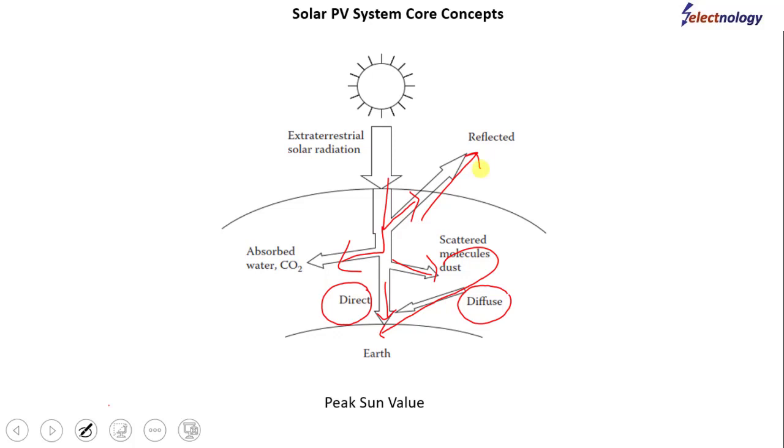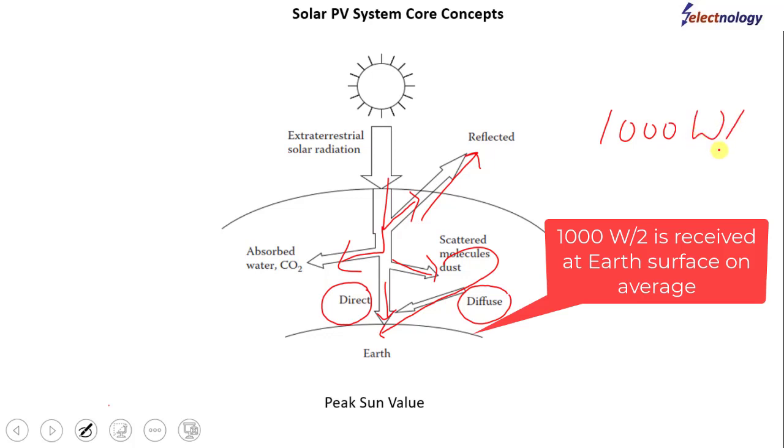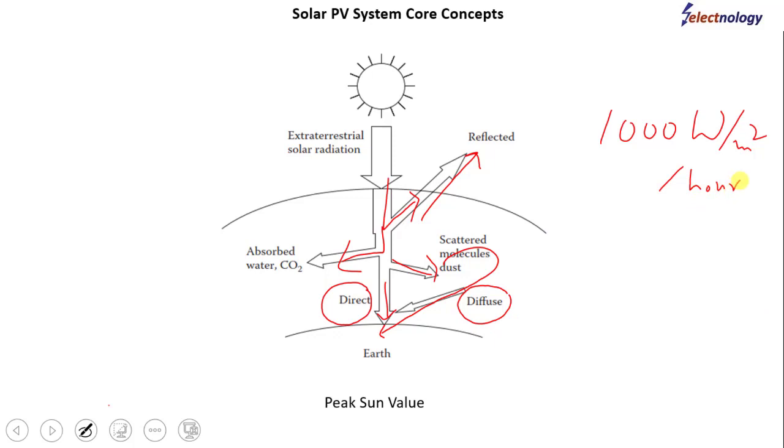Scientists have worked on this, and they have found out through various calculations that on average the sun energy received is 1000 watt per meter square per hour. What does this mean? This means that on average, for each hour, the sun energy being received at a particular point on Earth is roughly 1000 watt for 1 meter square.